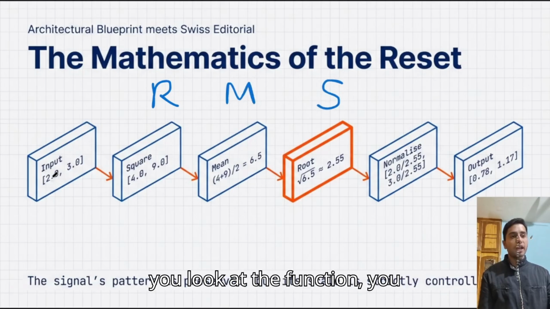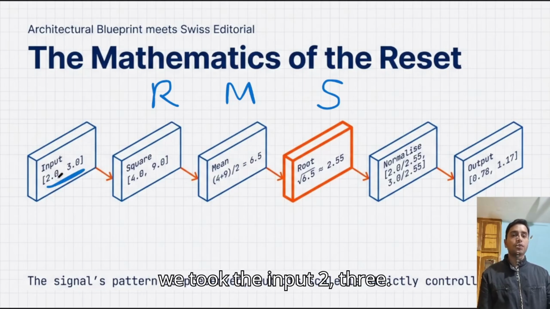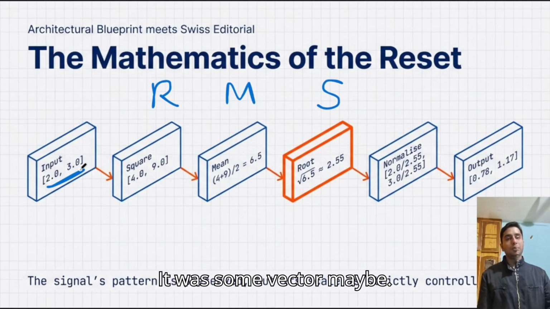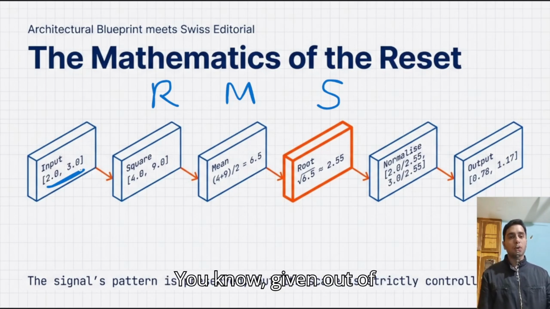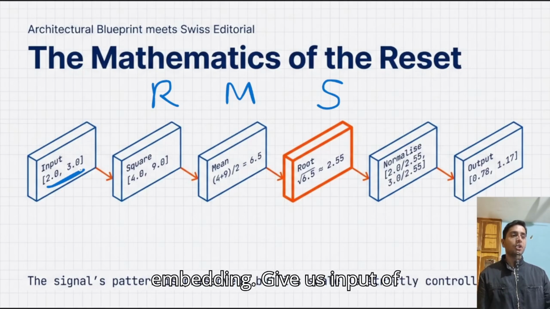But if you look at the function, we take the input, 2 comma 3, some vector, maybe given out of some token embedding.